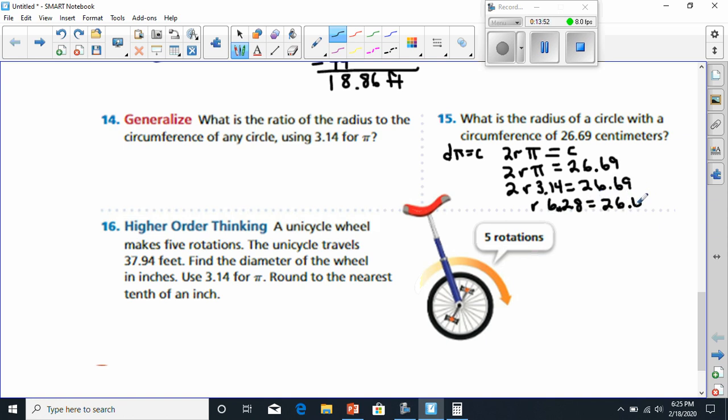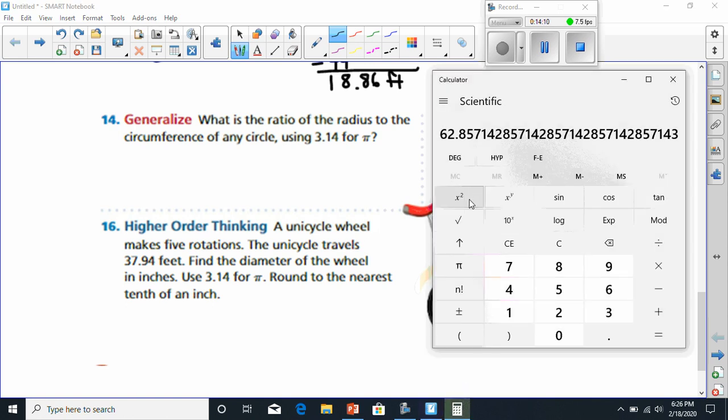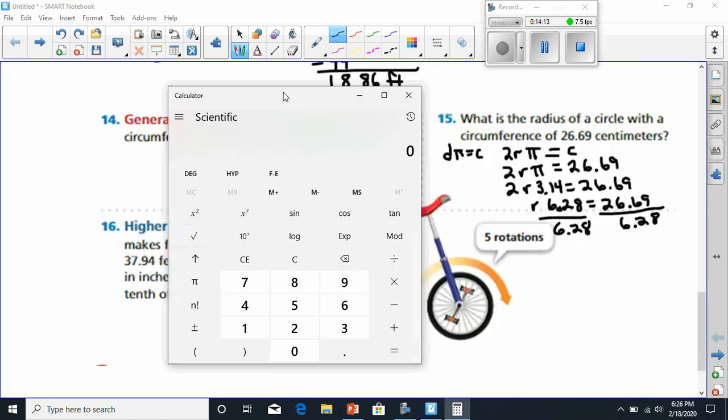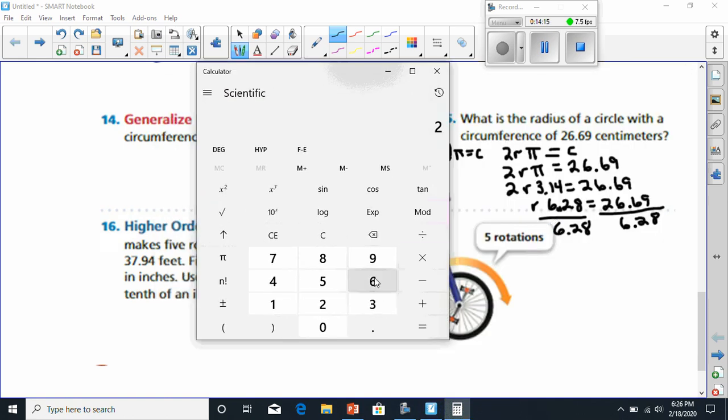And that's going to be equal to, again, 26.69. Now to get 6.28 away from r, I have to divide by 6.28. Whatever I divide on one side, I divide on the other. And now I have 26.69 divided by 6.28.